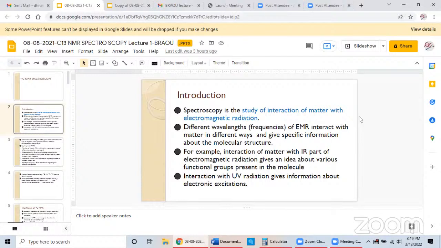Spectroscopy is the interaction of matter with electromagnetic radiation, isn't it? Electromagnetic radiation consists of different frequencies with different wavelengths. Different parts of the electromagnetic radiation interact in different ways with matter and give very useful and different information.